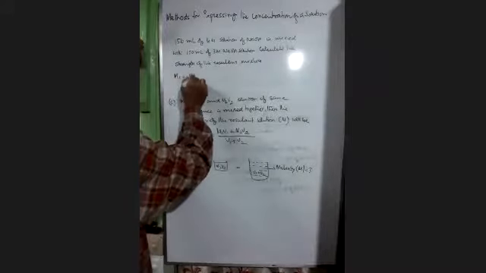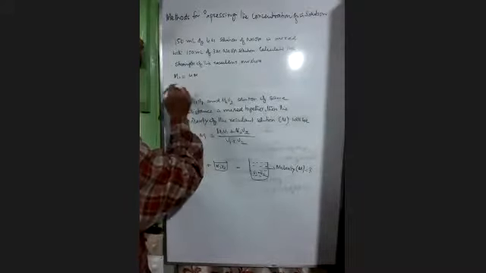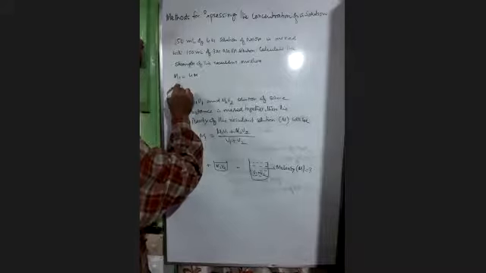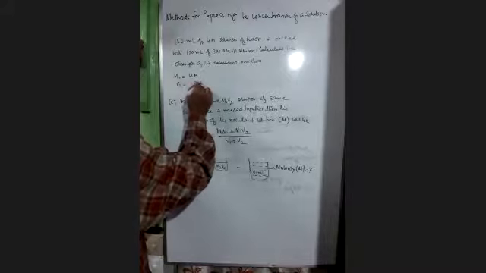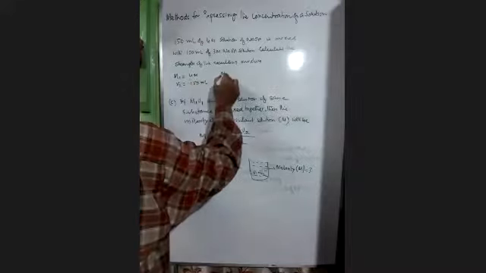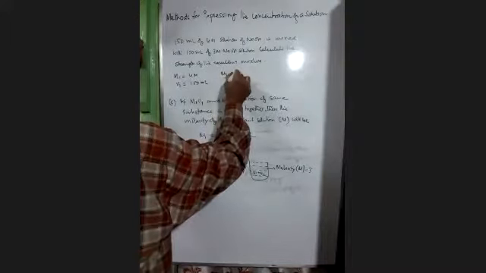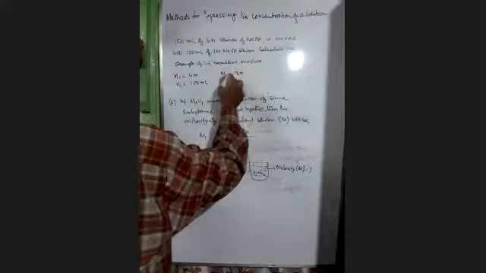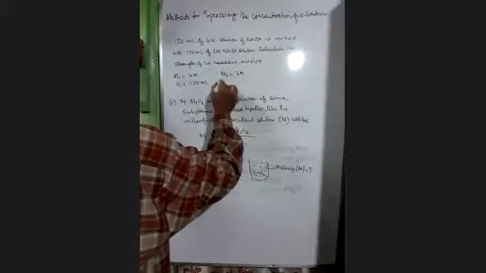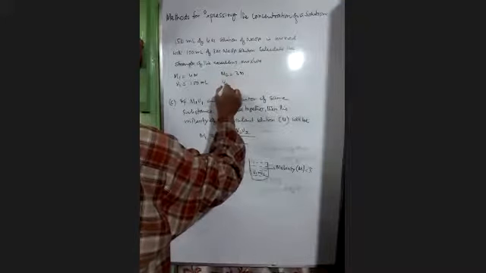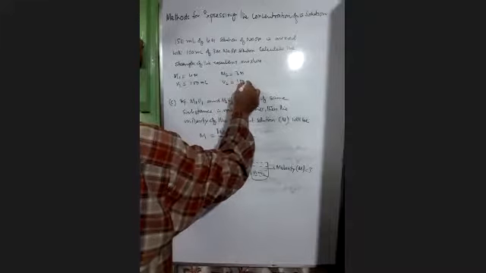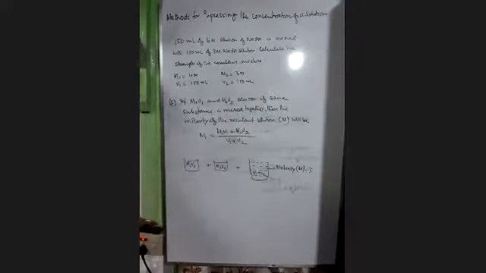M1 is 4. V1 is how much? 150 ml. M2 is what? 3 molar. And V2 is equal to what? Find out now.